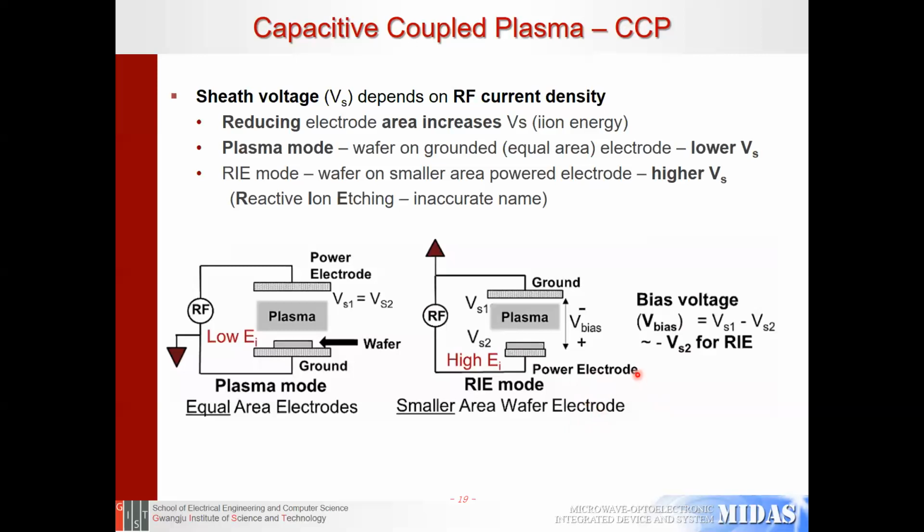With the two electrodes, where we have a large electrode we have a low RF current density, and where the electrode is small we have a high RF current density. So we can get a large voltage on one side. Typically in this case, we can neglect the voltage on the large electrode. So we can say for the RIE case, the bias voltage is equal to the large voltage across the smaller electrode.